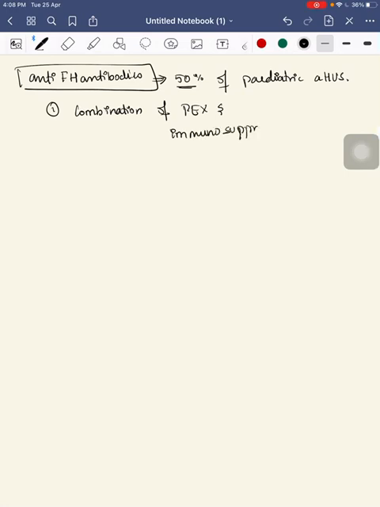For these patients, you give a combination of plasma exchange and immunosuppressive therapy.